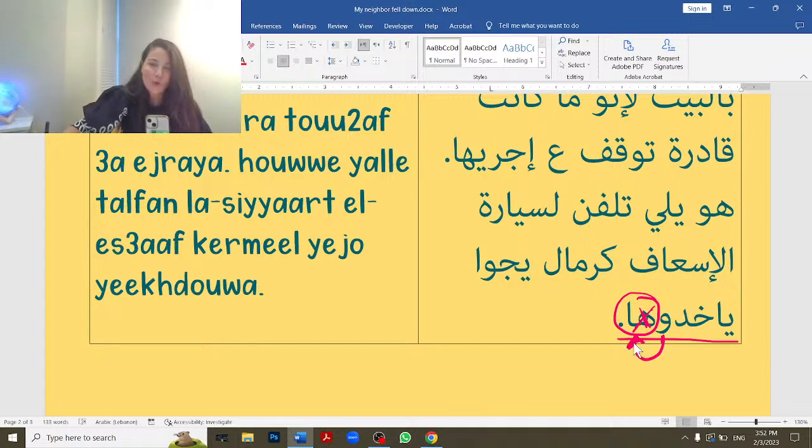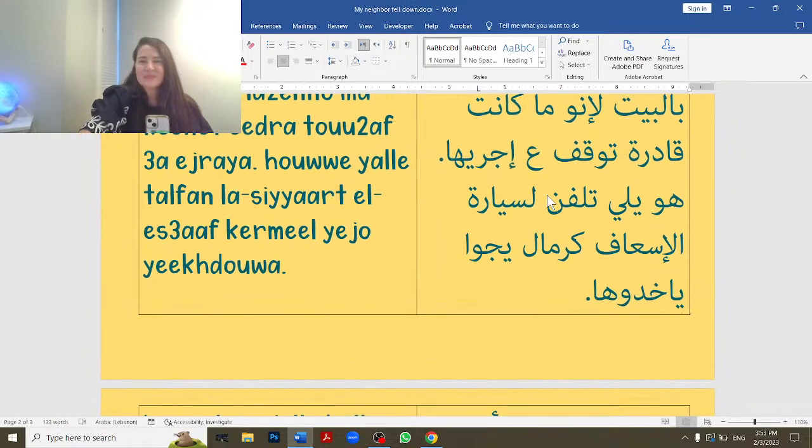That's why it sounds wa ياخدوها. And the alif here I'm pronouncing it as an e. كرمال يجوا ياخدوها so that they come take her. So again here in Arabic when we're putting 2 verbs in a row we're still conjugating the second one. We're actually saying so that they come they take her, which translates as so that they come take her.